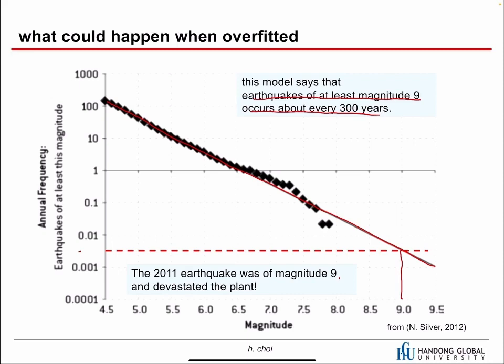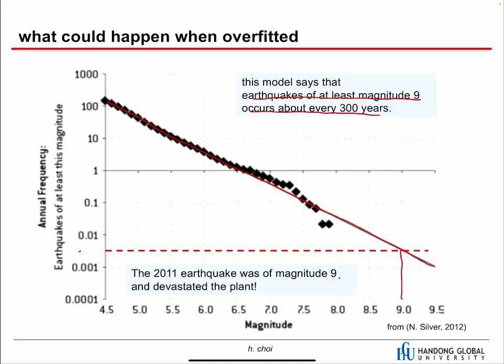If that's the case, then they would have had to build the power plant to withstand at least magnitude 9 point something, so around 9.5 or so. There are lots of factors and issues, but this graph says that their model was overfitted to the historical data samples. They had to apply some regularization.